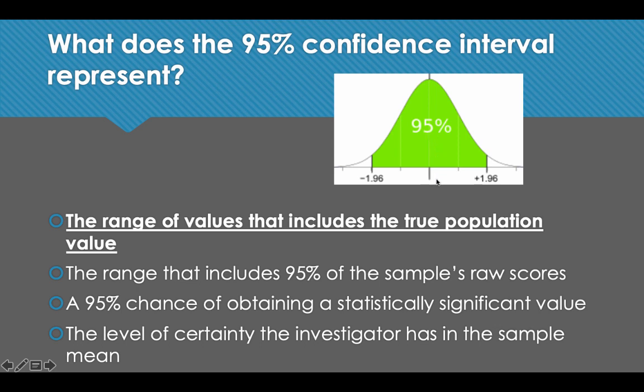So let's just say we're looking at height in women. You will find women that are 2 feet tall, probably very small people. You will find women that are nearly 7 feet tall, but those are going to be outliers. So your average height is going to fall within this 95%, and your mean is probably around 5'6" or 5'7" or so, I would say, is probably going to be your average height in women.